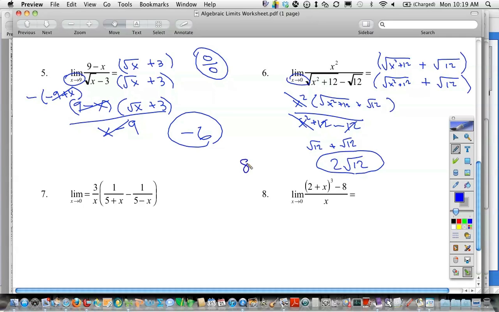What would it be? 8 radical 3? 4 radical 3. See, that's why I don't make you do it, because I didn't know. 4 radical 3. Okay, and some of you it might bother you. It used to bother me too, and I've gotten over it. All right, 4 radical 3 is fine as well.